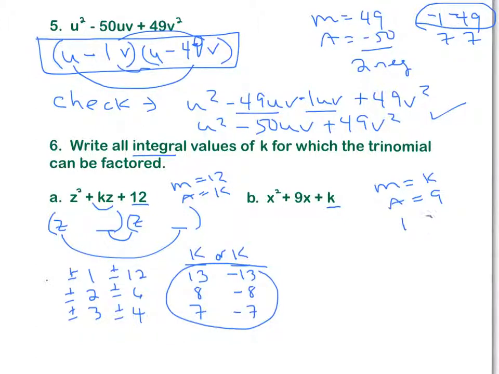I have 1 and 8, 2 and 7, 3 and 6, 4 and 5, and then I can go 5, 4, but that's still going to give me the same values of k. So my k here could be 8, it could be 14, it could be 18, or it could be 20. In all of these cases, I'm going to come up with some factors that, when I add them, give me 9.